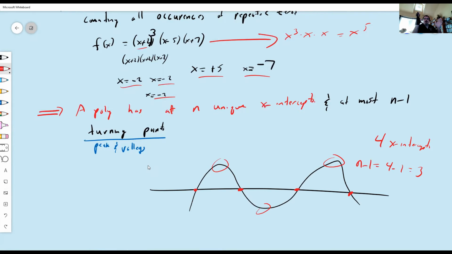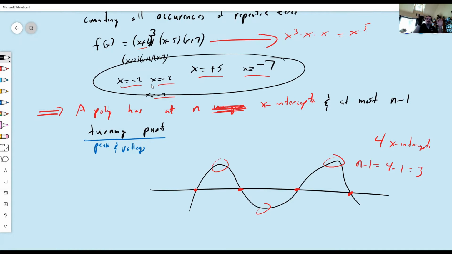Again, it says at most, so I can have fewer than 3. Actually, unique shouldn't be there, because if it's repeated, look at this one right here.